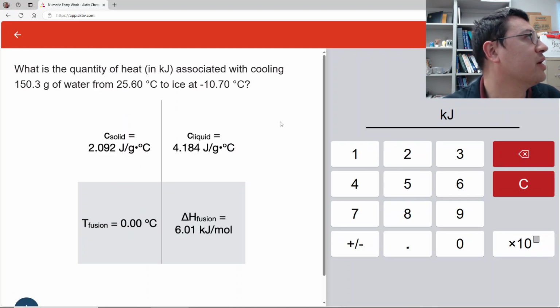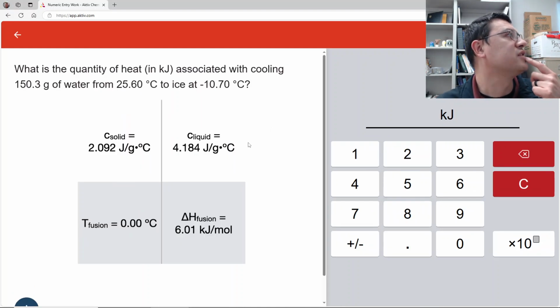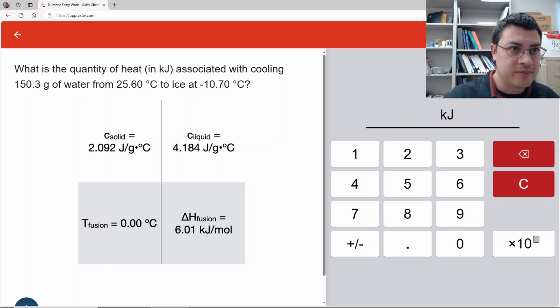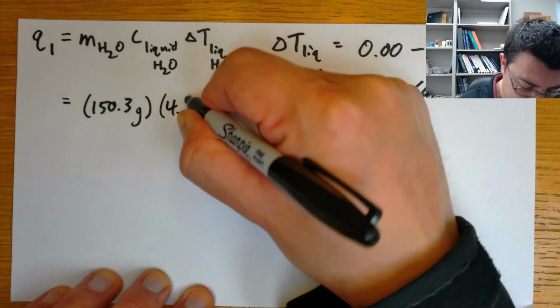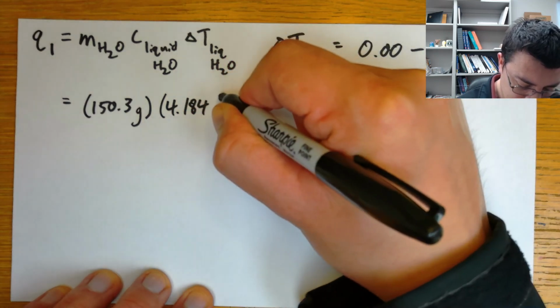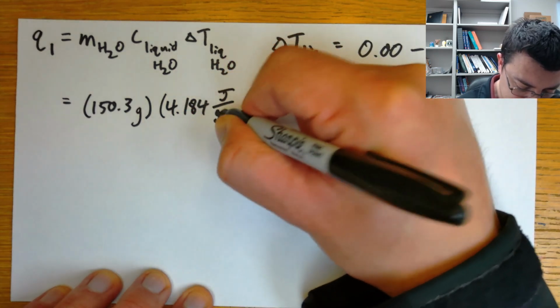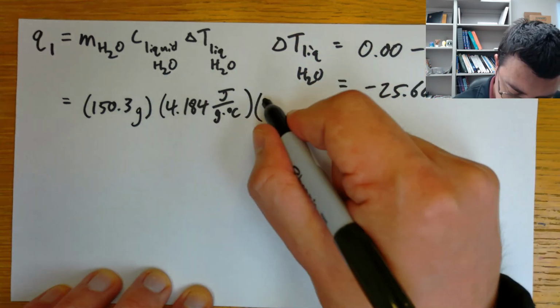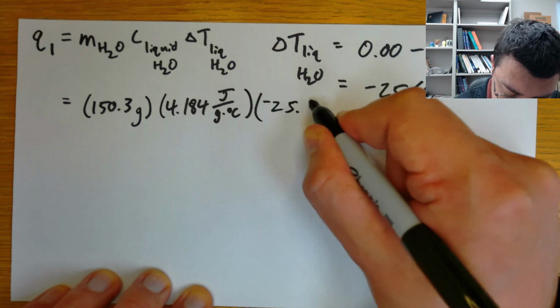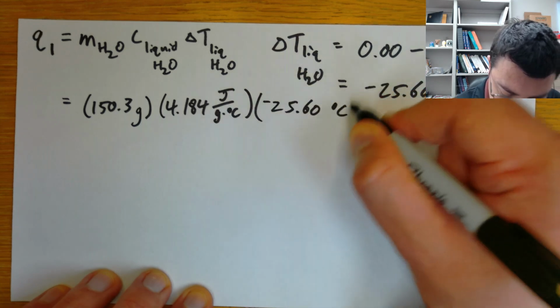The figure went away. 4.184 joules over grams degrees Celsius. And then our negative 25.60 degrees C.